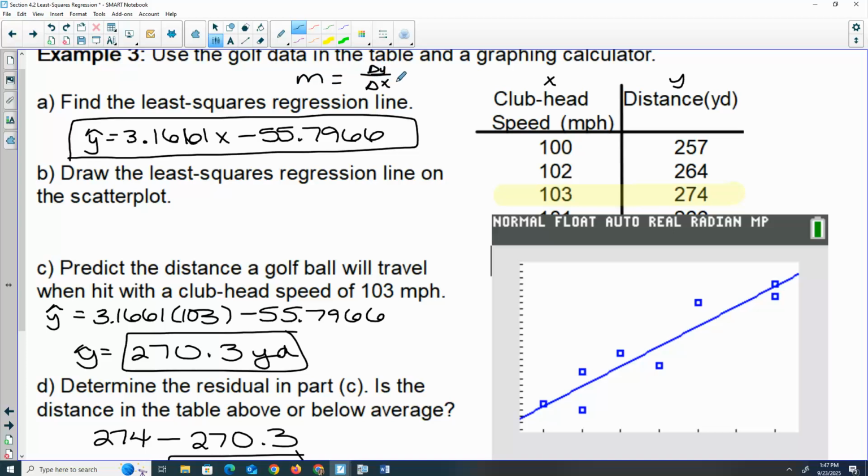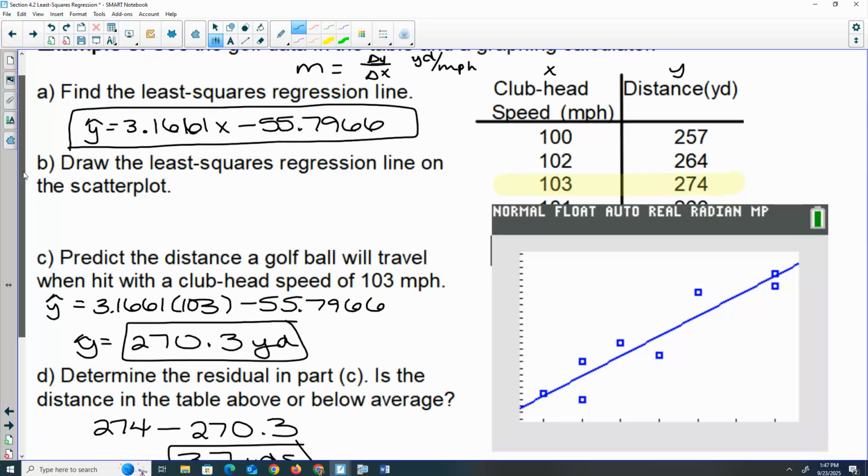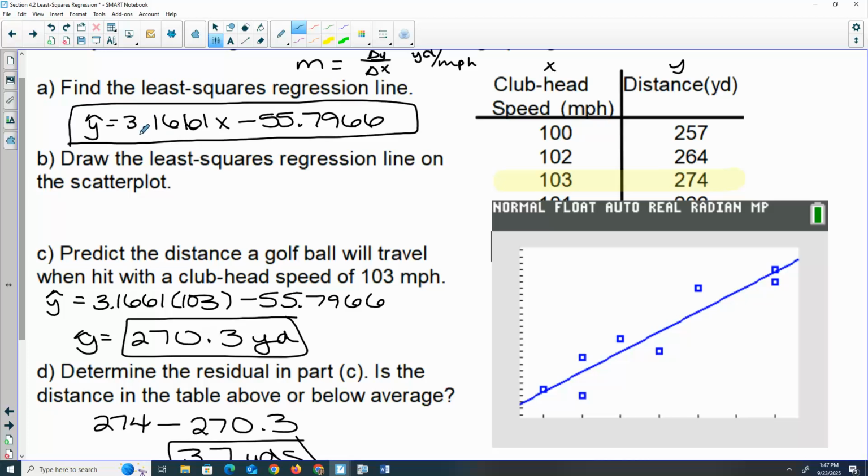What are the units on y? Well, just in the context of this problem. Yards per mile per hour. Okay, so what does it say? It's a positive.